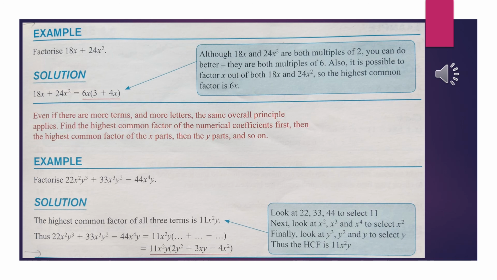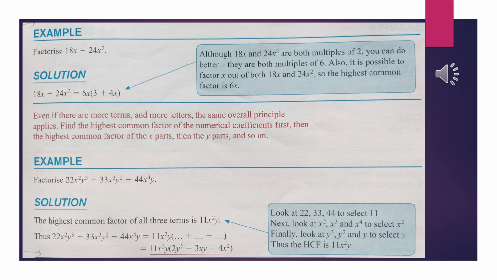Then the book selected a very good example below. Factorize 22x to the power 2 y to the power 3 plus 33x to the power 3 y to the power 2 minus 44x to the power 4 y.